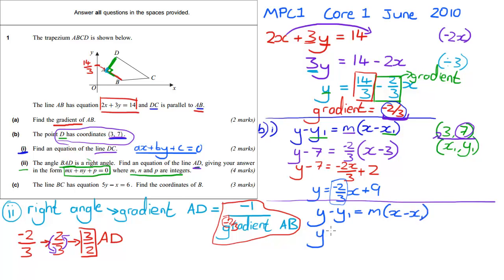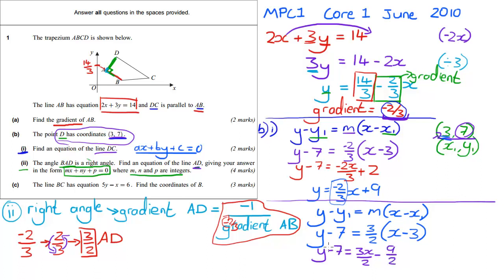So our y is just y, y1 is the same y1 as we had before, which is 7, is equal to 3 over 2 times x minus our same x1 from here, which is 3. So then let's simplify it out the same way that we did before. So y minus 7 equals 3x over 2 minus 9 over 2.